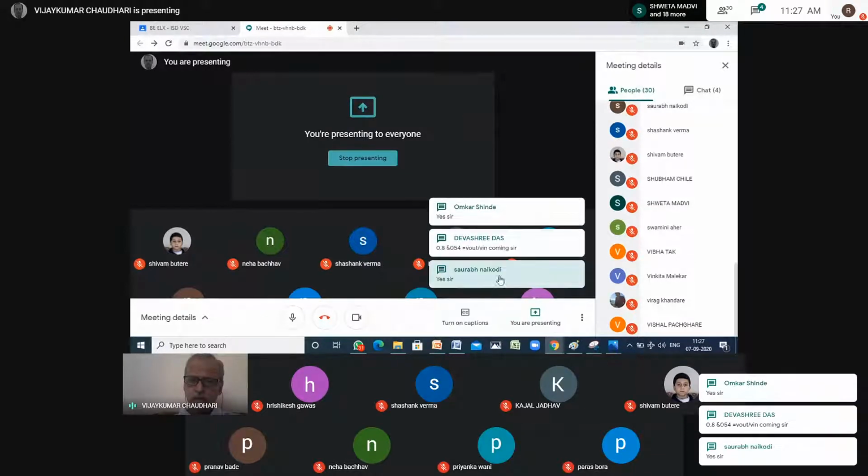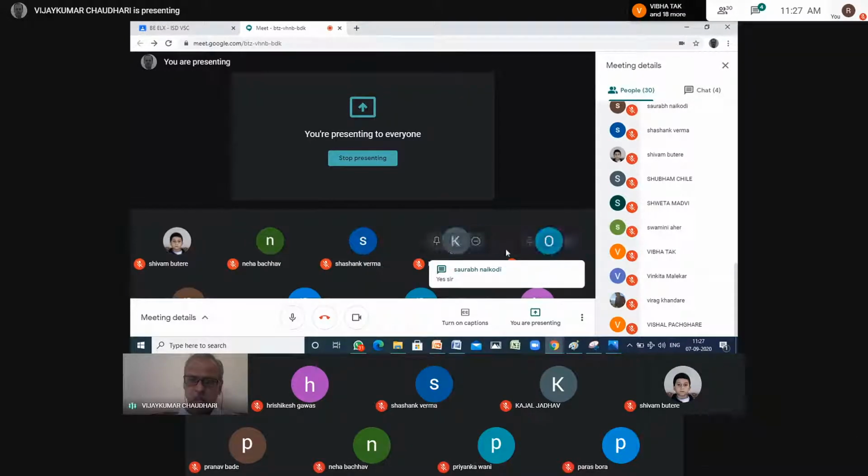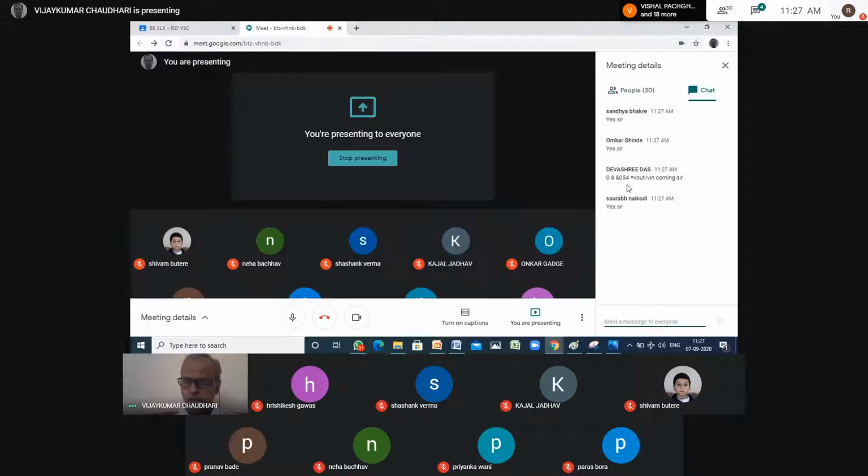What happened on the 0.8 and 0? Are these values correct? Getting the same answer. Saurabh, Devishri is getting 0.8 and 0.54.